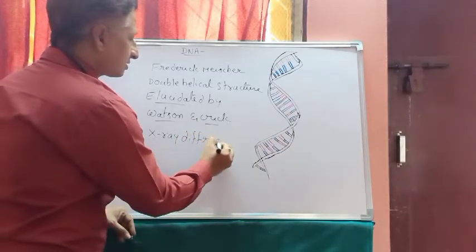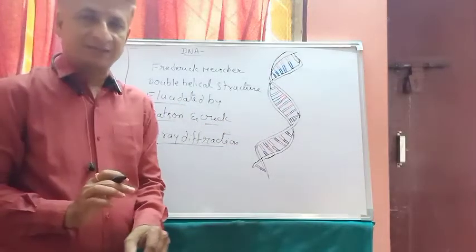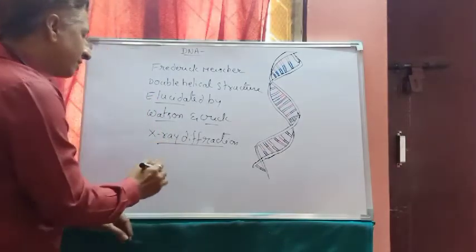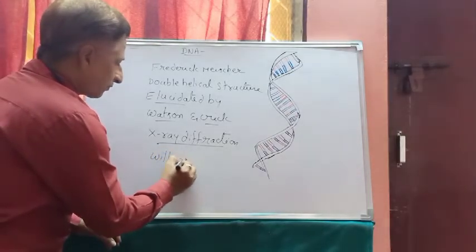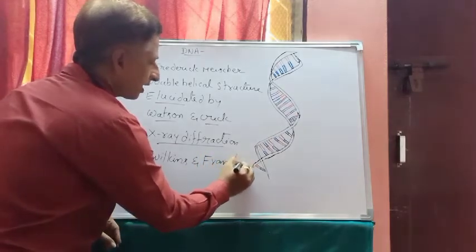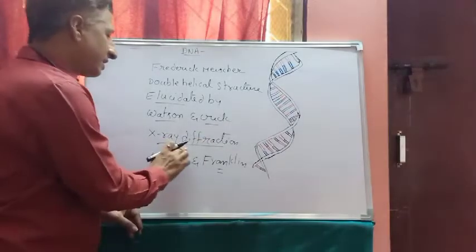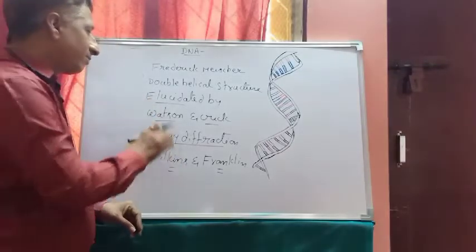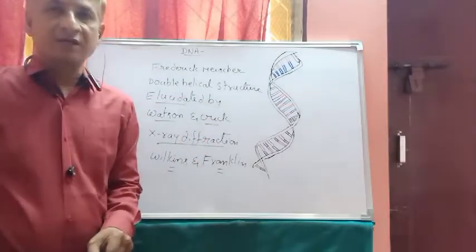Because of the X-ray diffraction technique only, it was possible for Mr. Watson and Crick to elucidate it. So, the X-ray diffraction technique was produced by Wilkins and Franklin. This is a beam, X-ray beams. With the help of those beams, that double helical structure was elucidated by Watson and Crick.